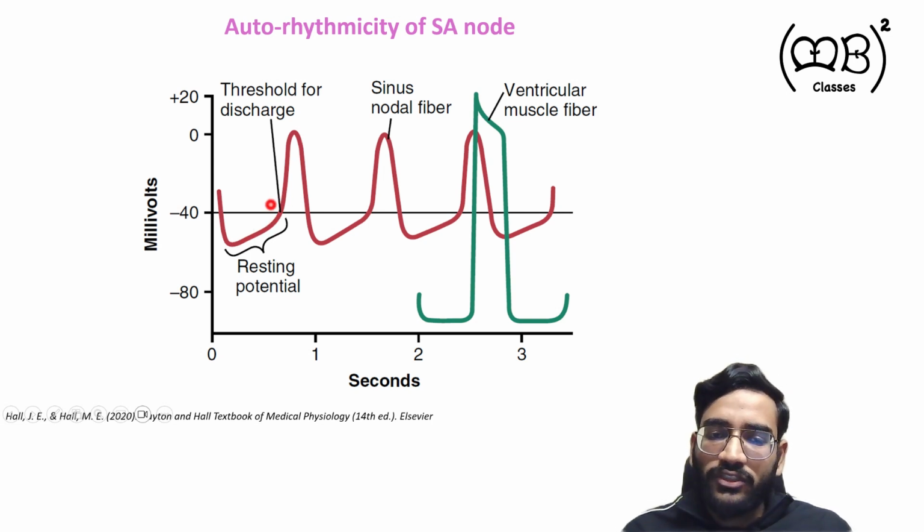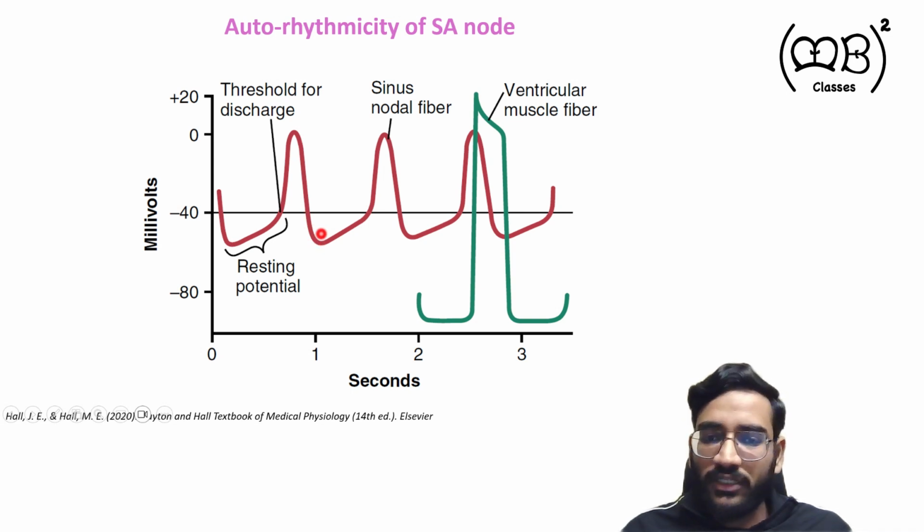Whenever the threshold of discharge, -40 millivolts, is reached, L-type calcium channels open. These L-type calcium channels lead to the generation of an action potential, which is slow to occur, and slow to repolarize also, because of the opening of potassium channels. The potassium channels lead to repolarization, and as soon as the repolarization is complete, the potassium channels close, because they remain open for only a few milliseconds.